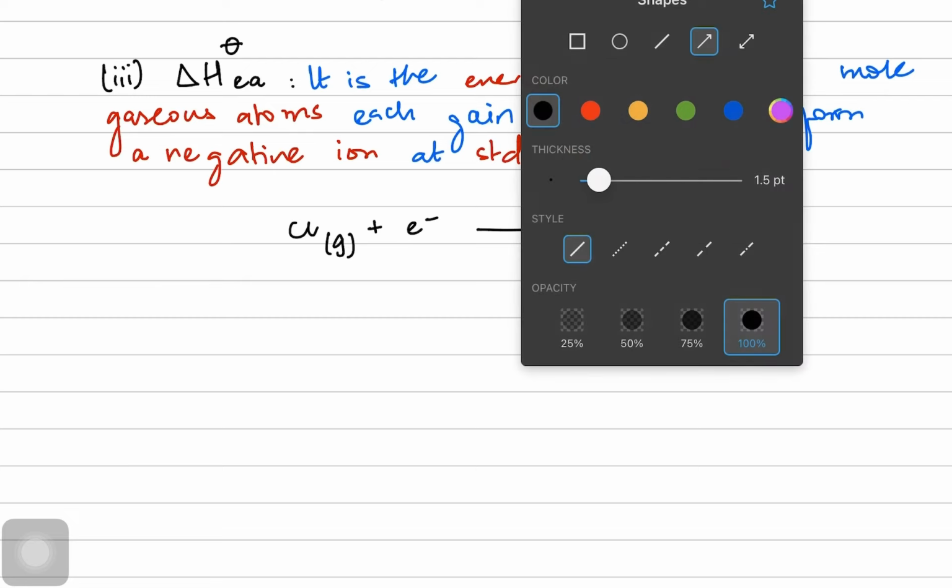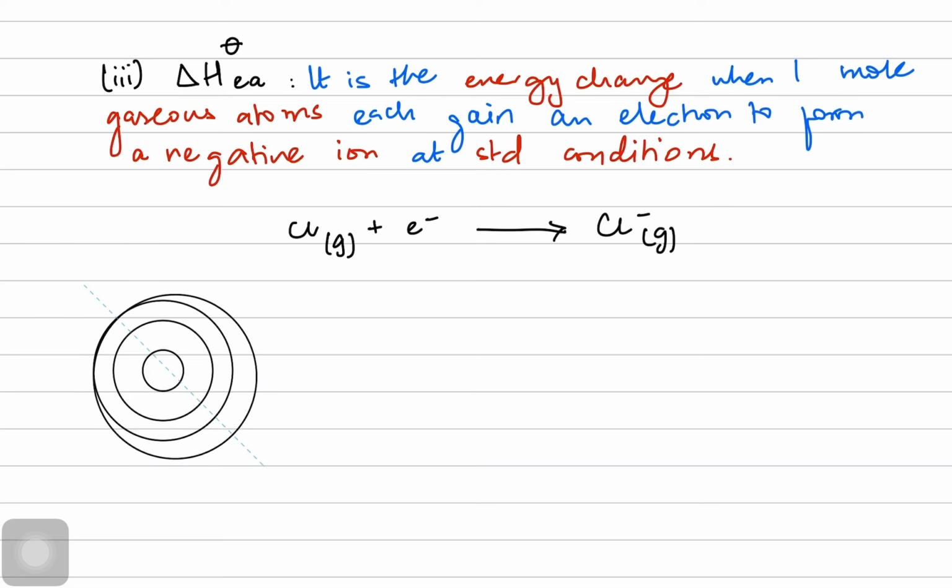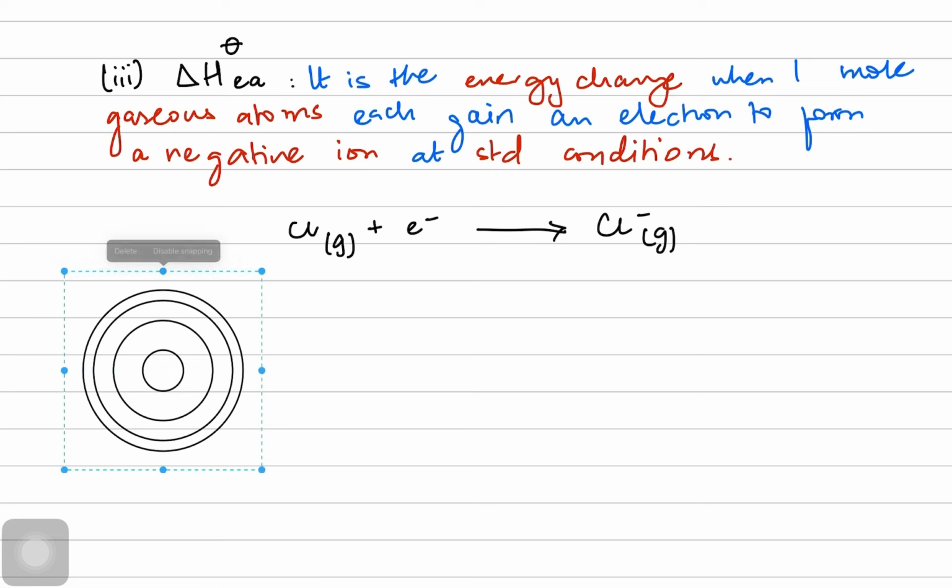Basically, if you imagine the atom of chlorine, this is the nucleus, this is the electronic shells of, let's suppose, chlorine. Here we have the protons from chlorine, and there's an electron which has to be gained. There is an attraction between the nucleus of the chlorine atom and the incoming electron.